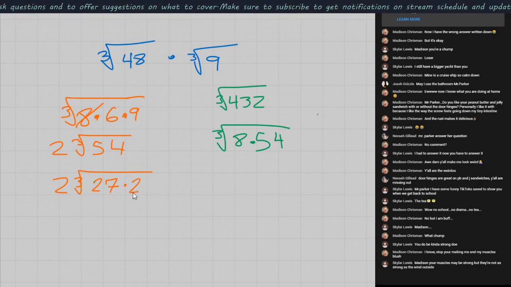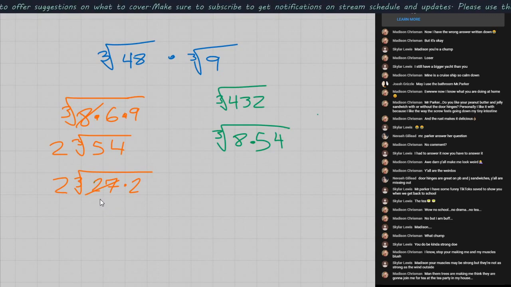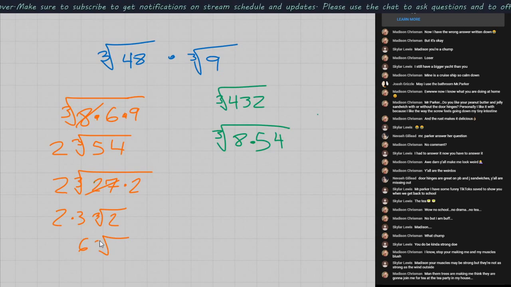Cube root of 27 is 3, so that's 2 times 3 times the cube root of 2. 2 times 3 is 6, so this would be 6 times the cube root of 2.